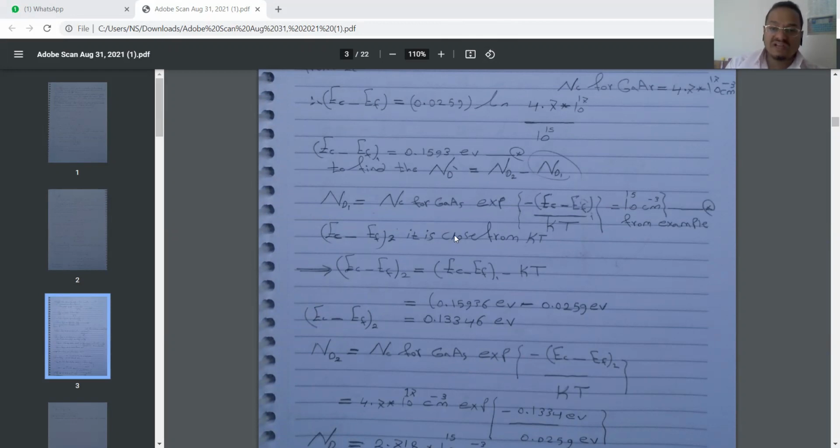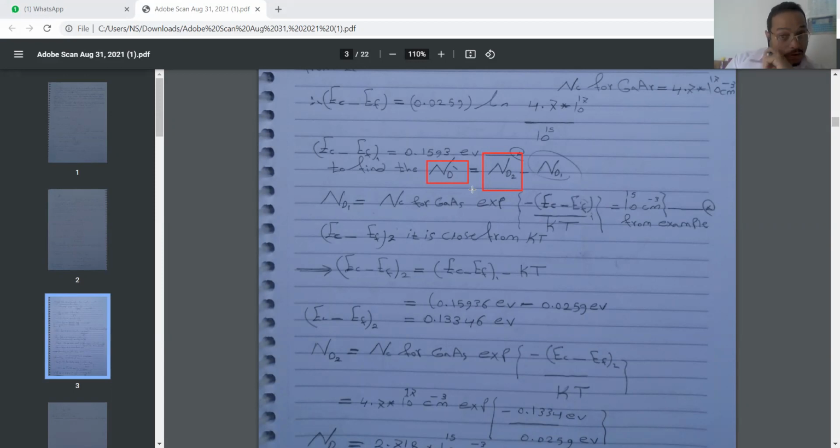That means we must calculate it like before. Let's use this figure. I prefer that. Here we must calculate ND2 to find the result of ND prime.